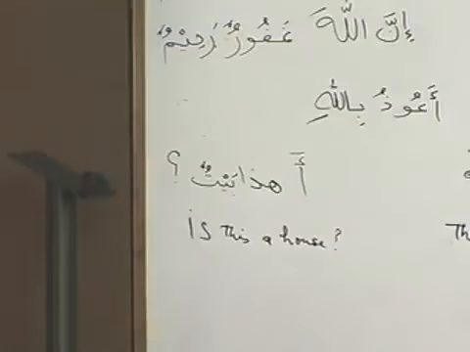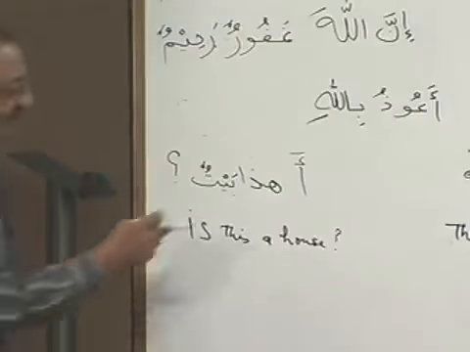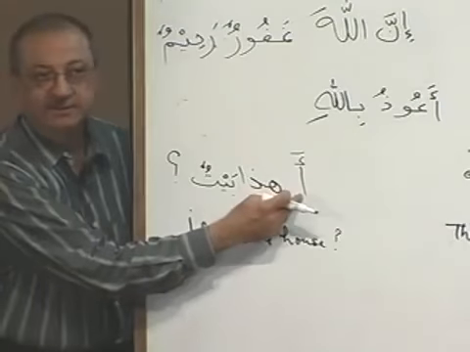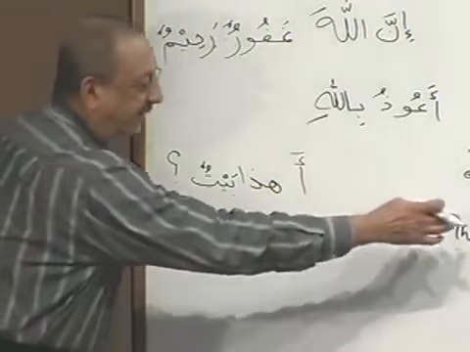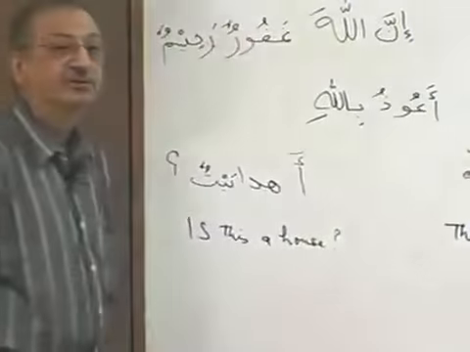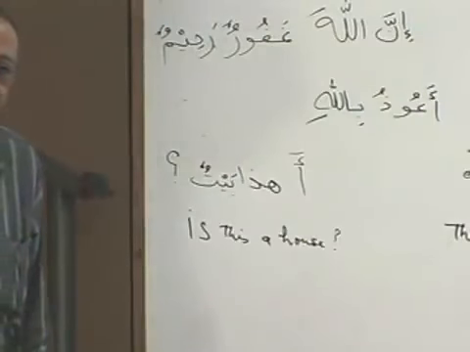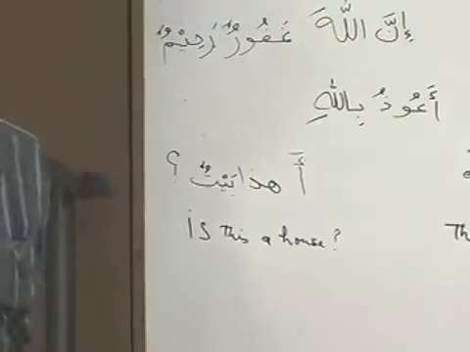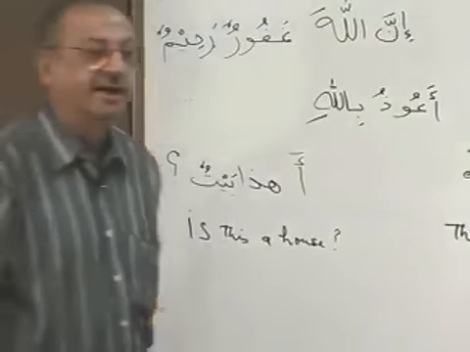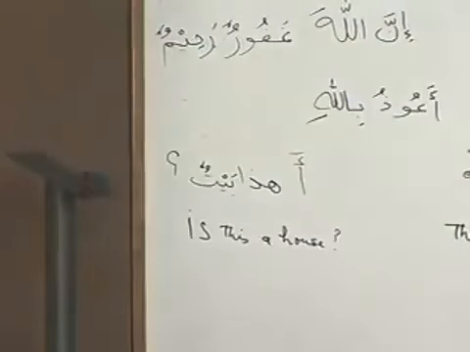So putting Hamza in front of a statement changes it into a question. Are you with me? No other changes. Just by putting Hamza in front of a sentence, you change it into a question. Are you with me, brothers?